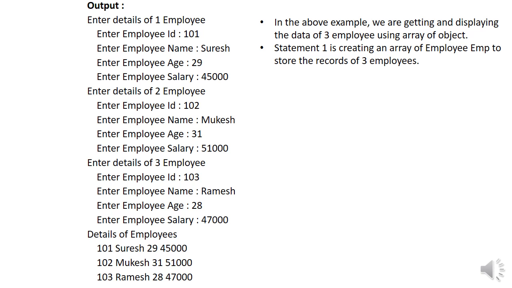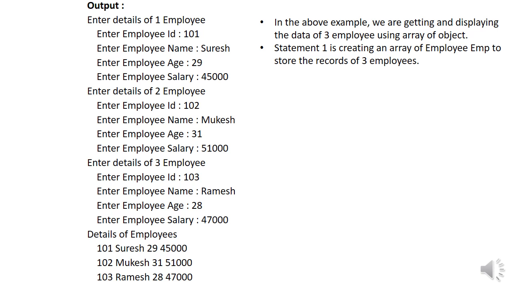And all these 3 employees' details are stored by using 3 objects, which are emp0, that is the first object for storing the details of the first employee. Then emp1 is the second object for storing the details of the second employee. Then emp2 is the third object for storing the details of the third employee.